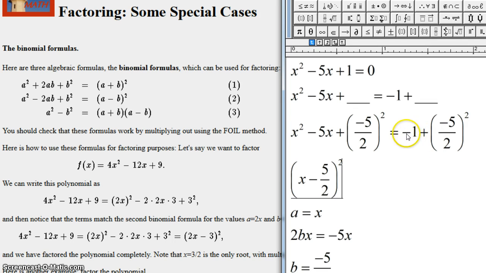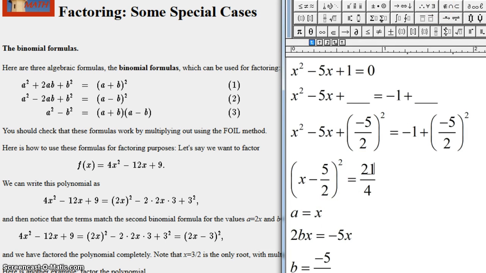And well, what is this? Let's look real quick. Negative 5/2 squared, that's 25/4. And negative 1 is negative 4 over 4. So that equals negative 4 over 4 plus 25 over 4. Well, that's 21 over 4, right? So let's write 21 over 4.